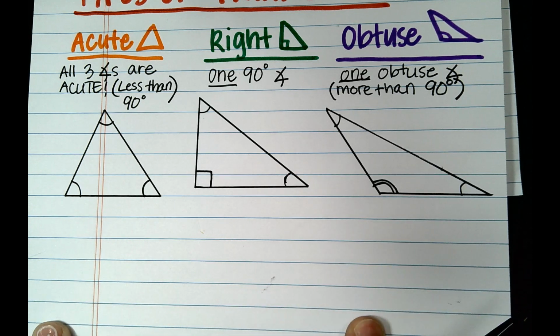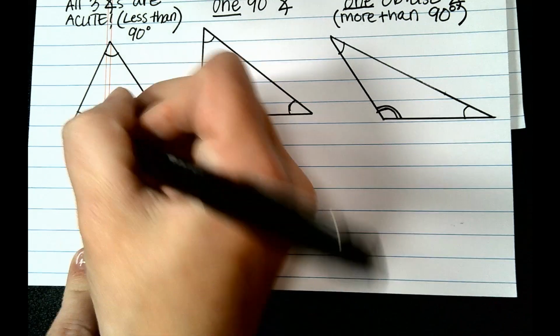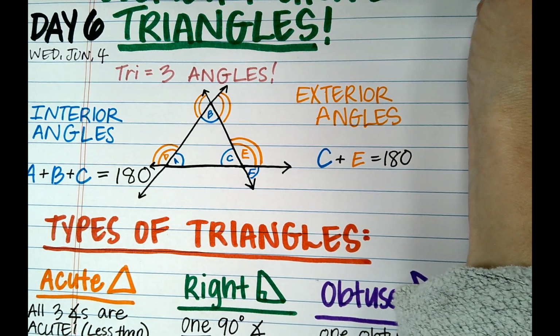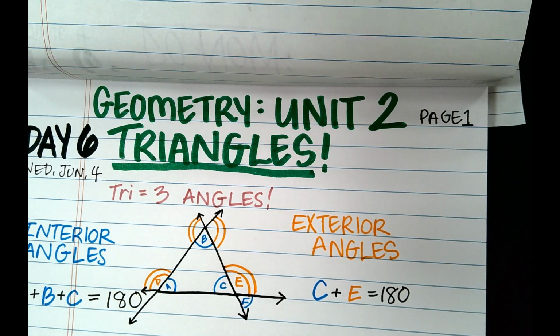First of all, does anybody still need to see this, or can I move it? Okay, I'll move it. I'm going to start a new page. Have kind of all the info on one page and then the problems on the next. So that's page one. And we'll go to page two.